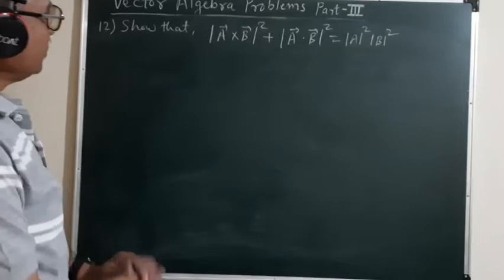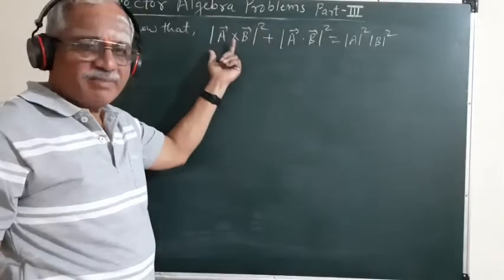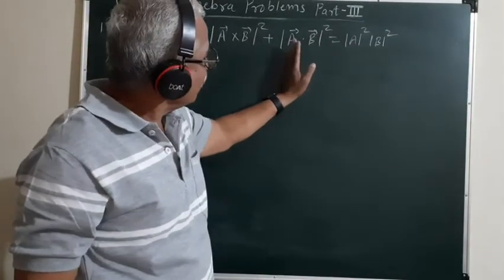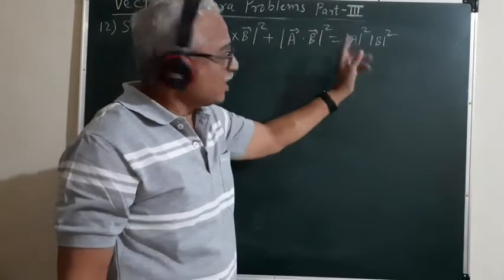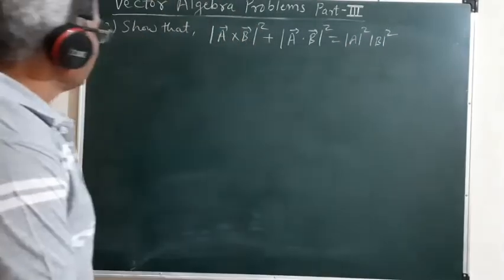So here you are asked to show that square of the modulus of a bar cross b bar plus square of modulus of a bar dot b bar is equal to mod a square into mod b square.